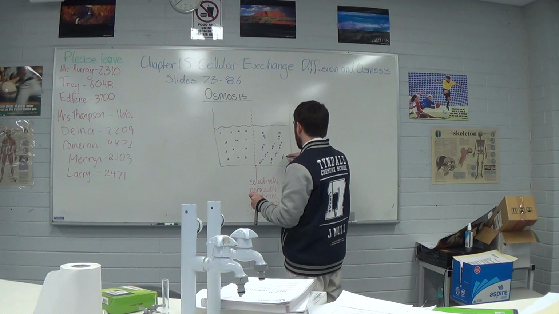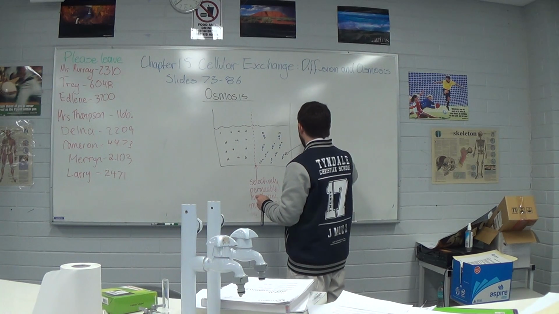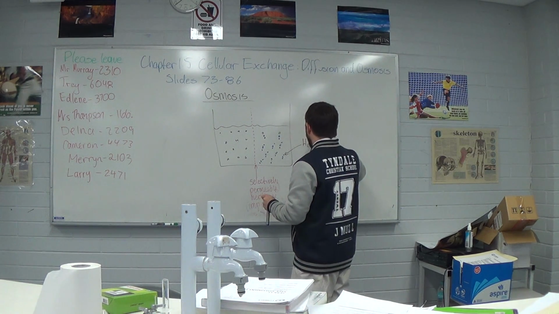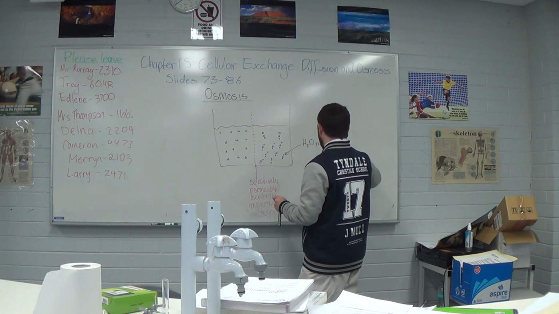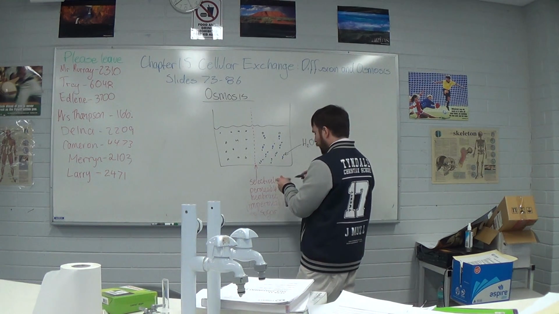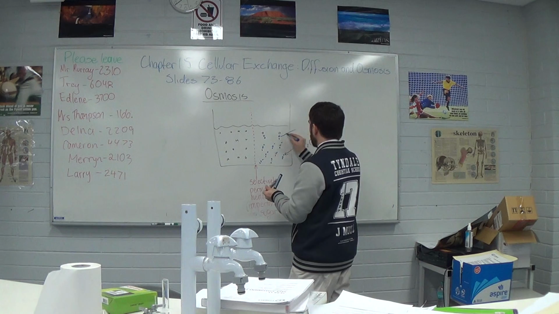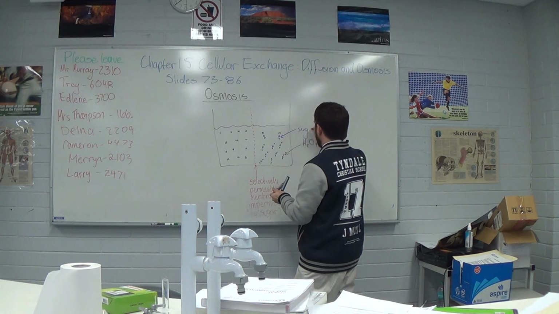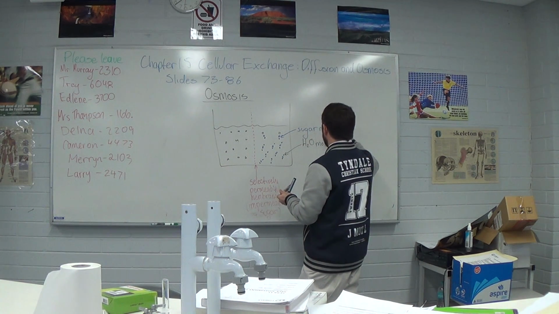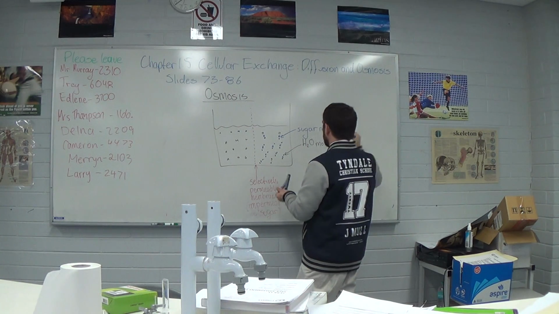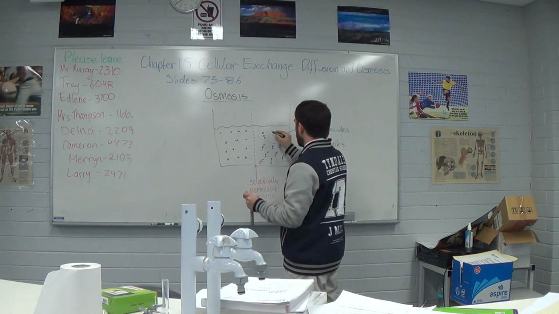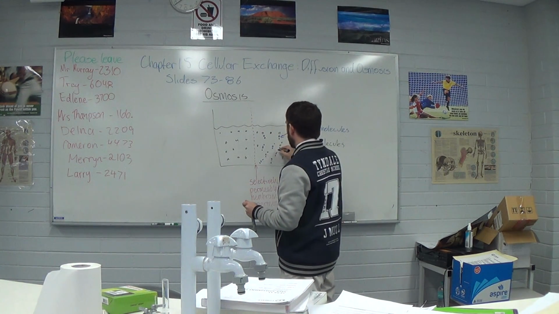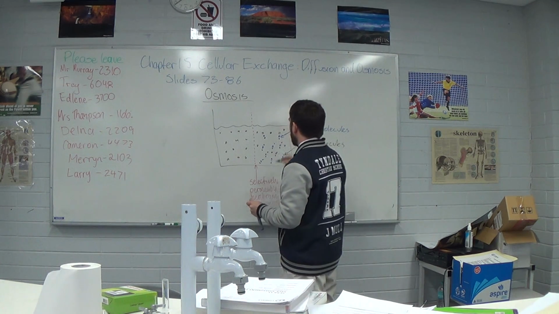Again, because it's a diagram in science, we have to label it. So these are our water molecules. Here are our sugar molecules. I need to draw a few more because we will have some free water molecules here.